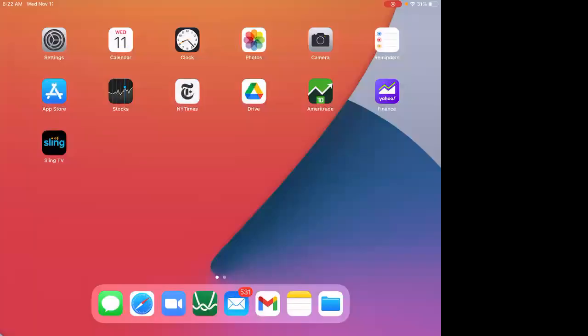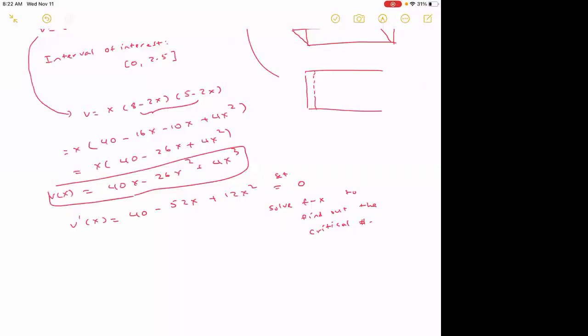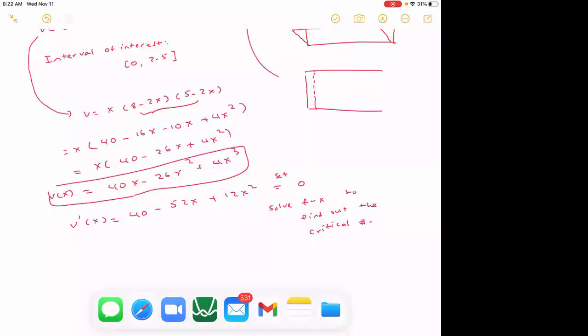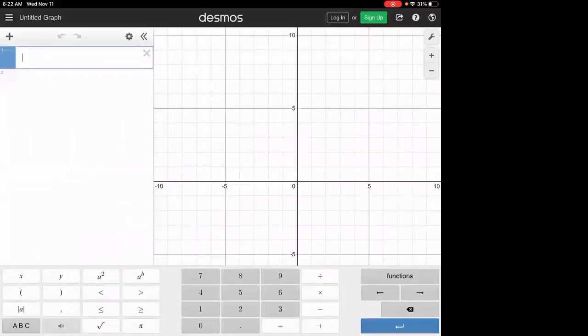Desmos. Okay, what was our equation? Let me write here. 40 minus 52x plus 12x squared, right? So y equals, what do we have? 40 minus, what did we have, guys? 52x. 52x minus, oh, sorry.